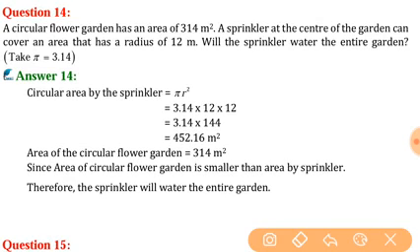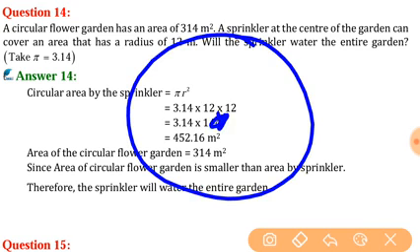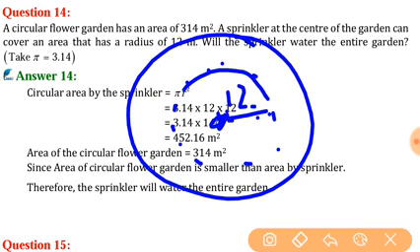And a sprinkler at the center of the garden can cover a 12 meter radius. Okay, like this. You know that a water sprinkler is used like this.